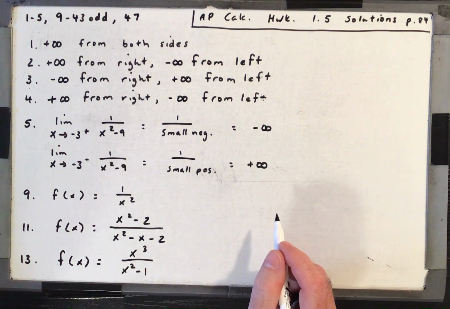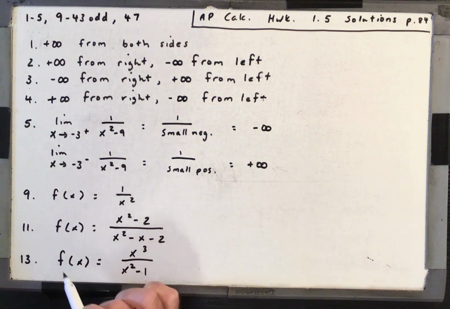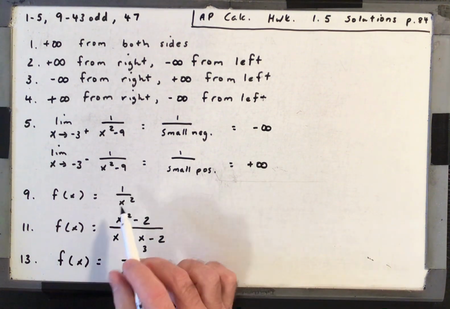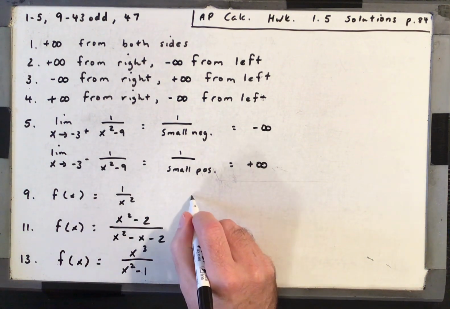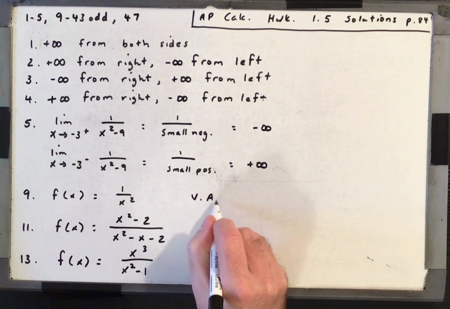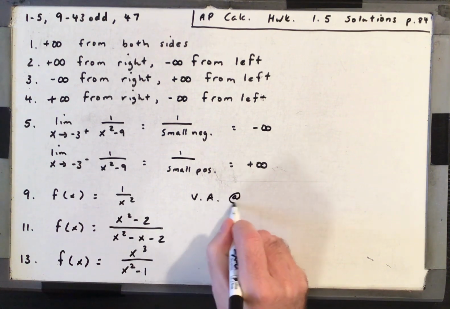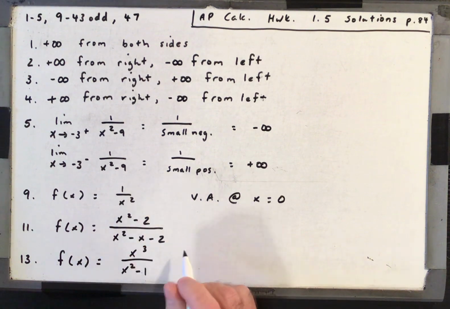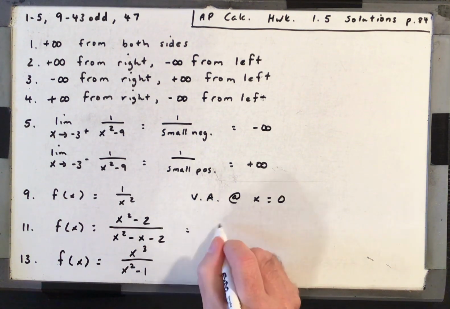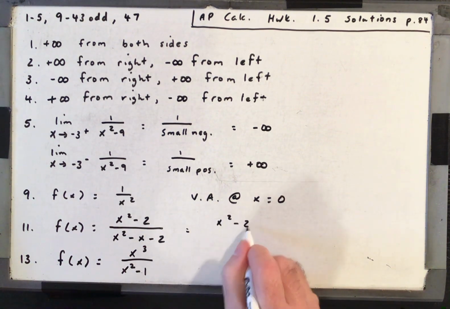Okay, and then 9 through 23 are just asking for where is the vertical asymptote. So it's where the denominator is 0, and it can't cancel out. So at number 9, it's where x is 0. Number 11, you can't factor the top.